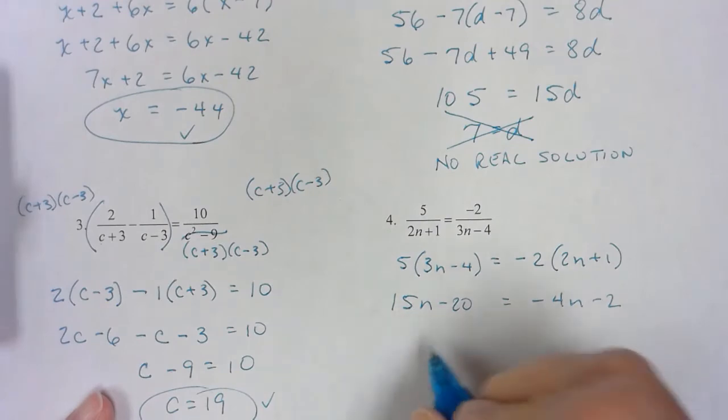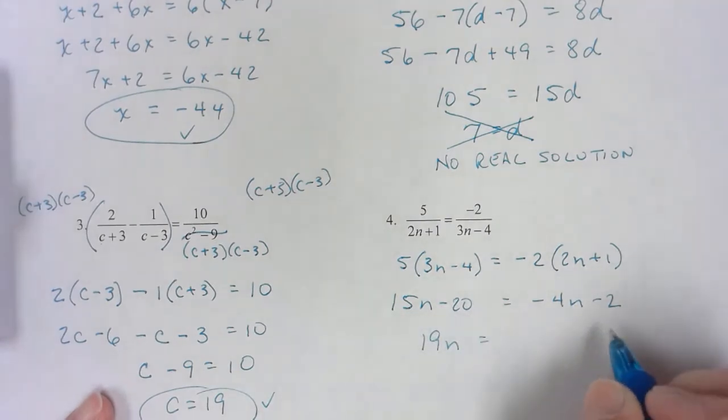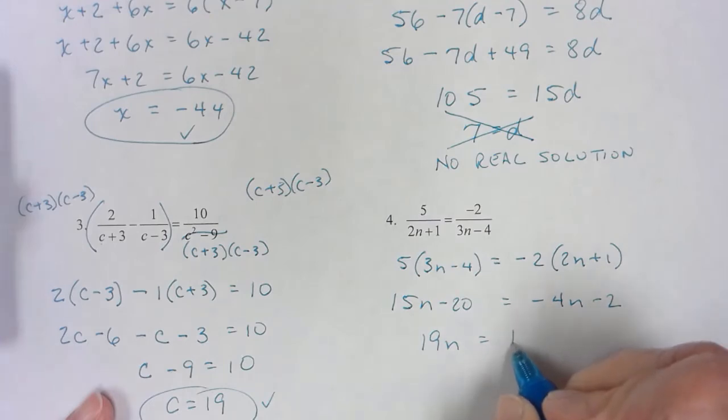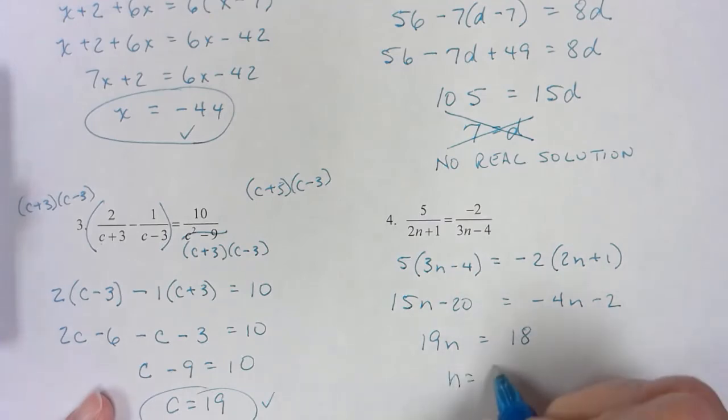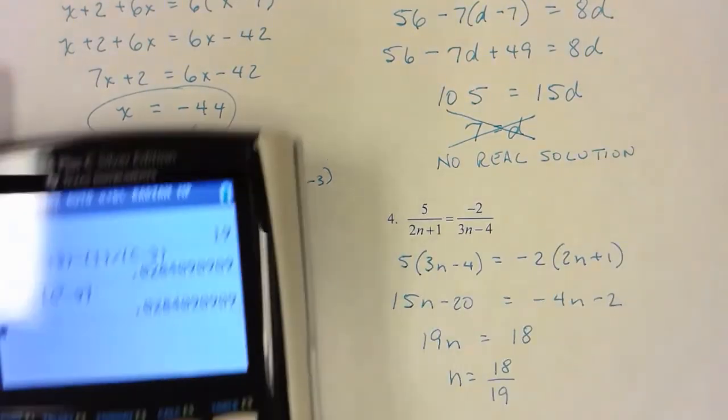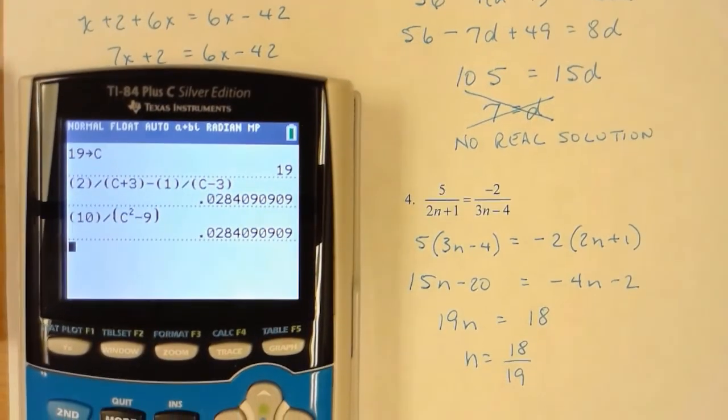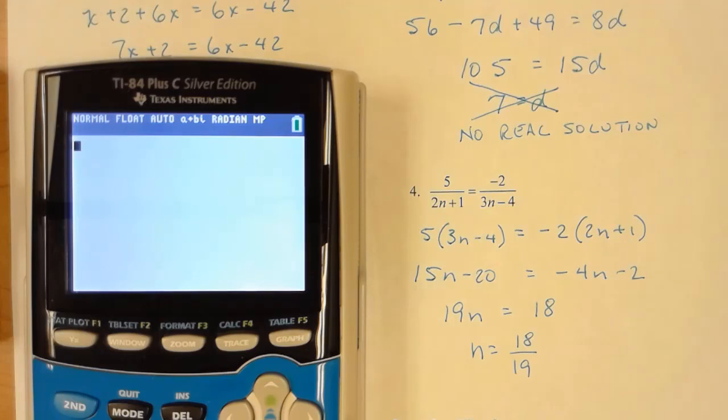So get my n's to the same side. So I'm going to have 19n is equal to, add 20. So n is equal to 18/19. Well, let's check. 18 divided by 19, store in x. I'm just going to use x this time. And wherever I have n up here, I'm going to put x.